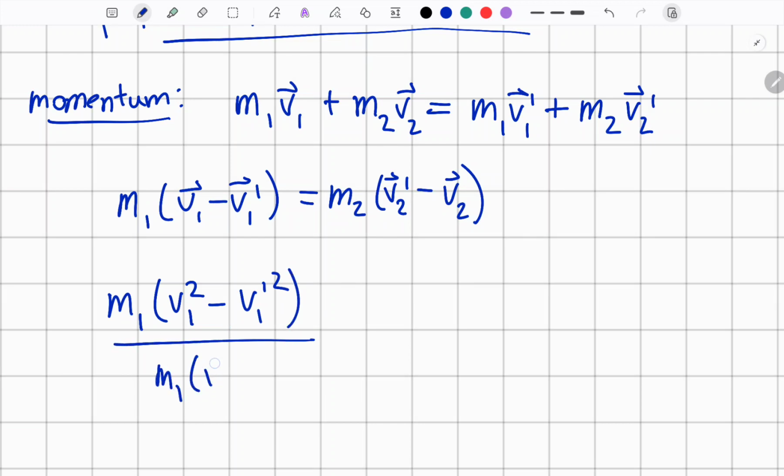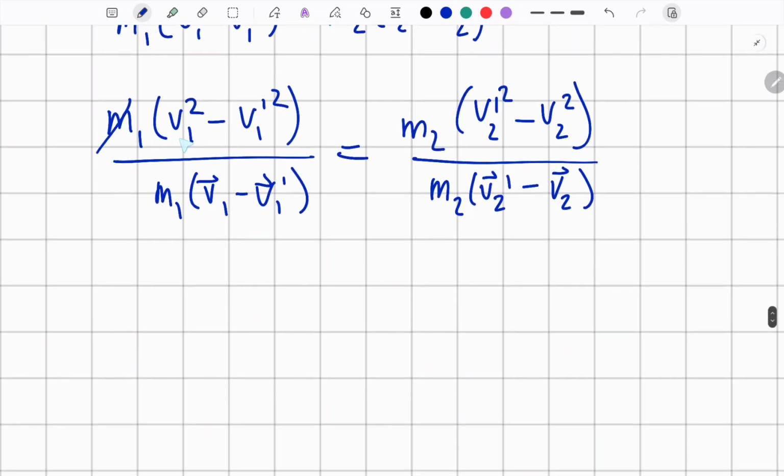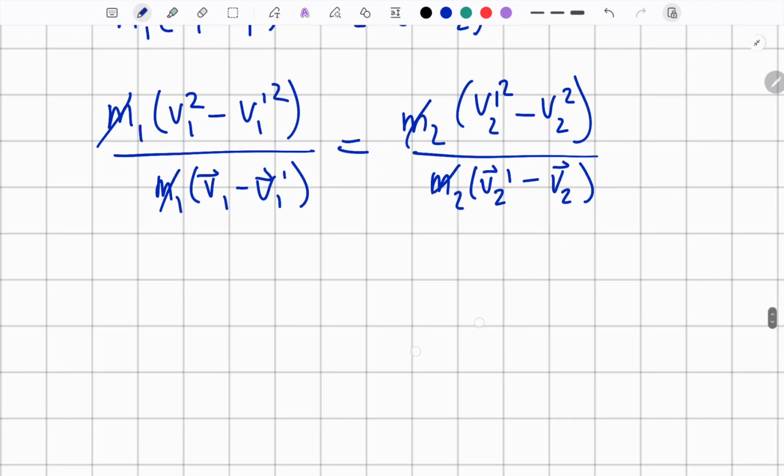The energy equation on top, M1 times (V1 squared minus V1 prime squared), over M1 times (V1 minus V1 prime), equals M2 times (V2 prime squared minus V2 squared) over M2 times (V2 prime minus V2). Alright, these masses are going to go away when we divide.